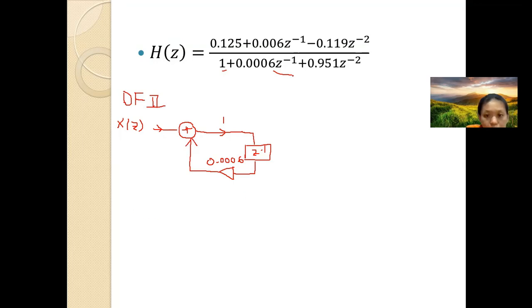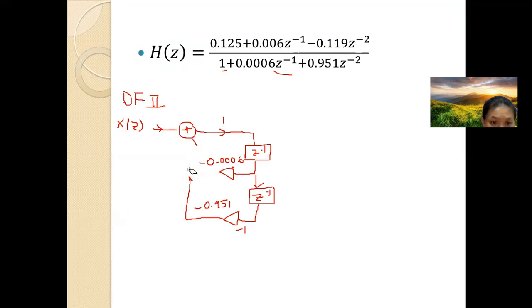For the next one, we will have z^-1 and then z^-2. So we go down again, backwards. Backward, we have to remember this one is minus 1, so if you want to get plus, we have to use minus 0.951. And then it will be summed up.